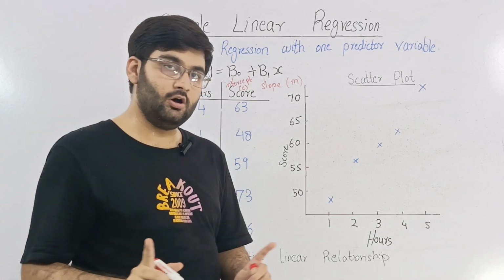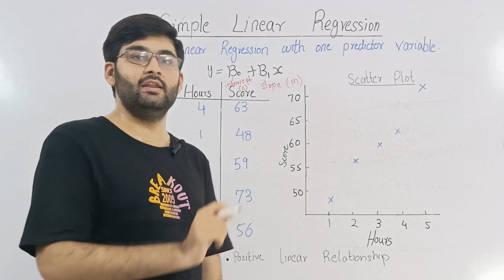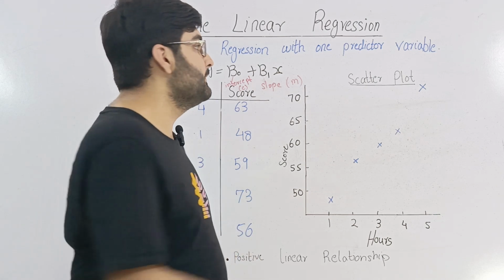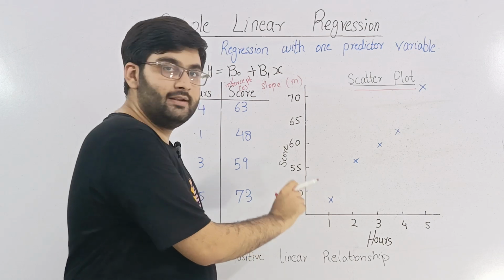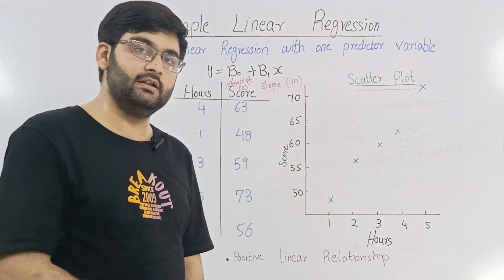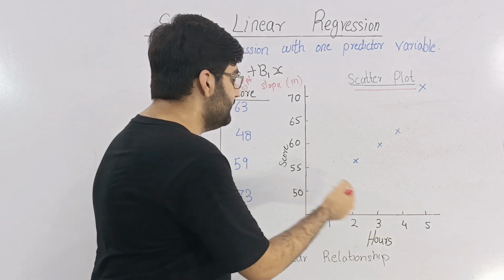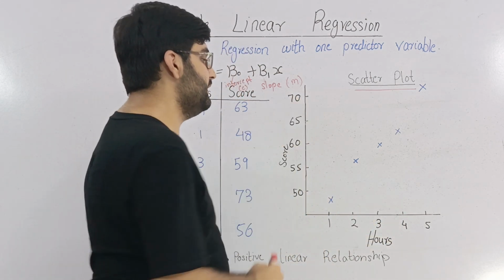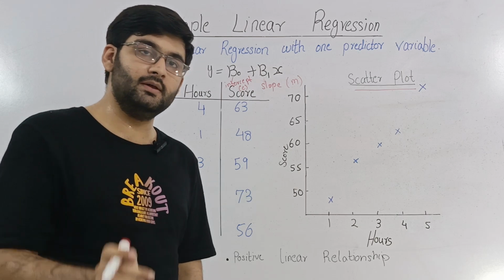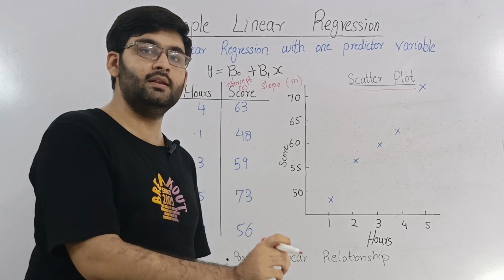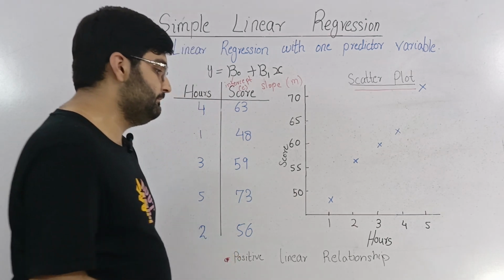This type of plot of data points of two numeric variables is called a scatter plot. From this scatter plot, we can observe that as the predictor variable increases, the target variable is also increasing. This type of relationship, where one variable increases with the other, is called a positive linear relationship.